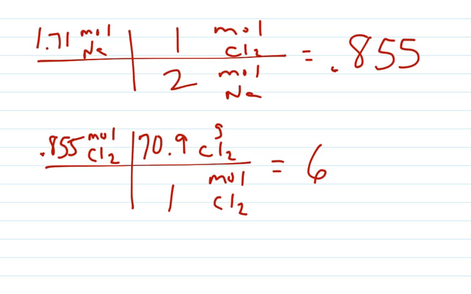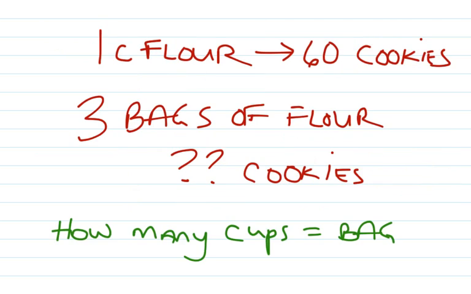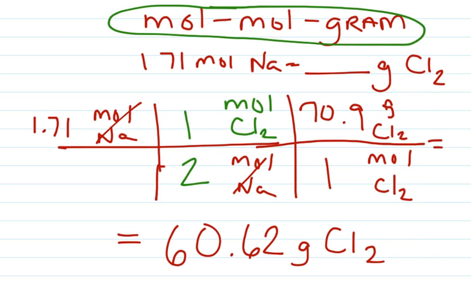What do you know? The answer is exactly the same. There's nothing wrong with that. Whether you do this in 2 steps or in one giant dimensional analysis problem is totally up to you. Mathematically, it is the exact same thing.